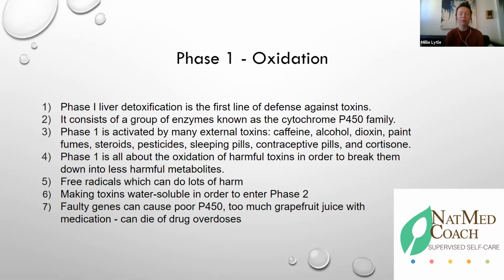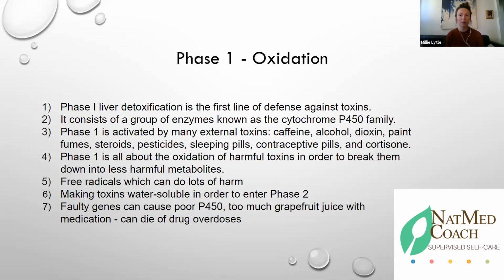So free radicals can be generated during this stage. While the liver is introducing oxygen species through the cytochrome P450 pathway to break these chemicals apart into smaller packages, there's reactive oxidative stress, ROS, free radicals. And you might know that free radicals damage cells.